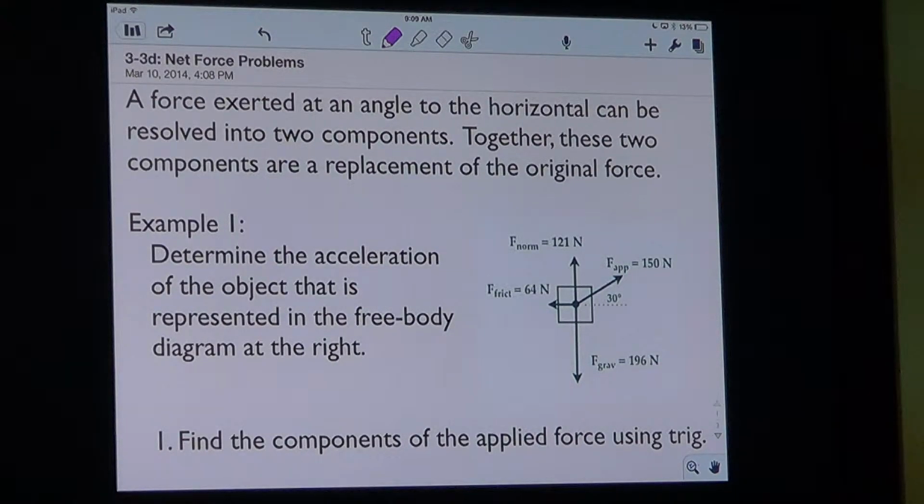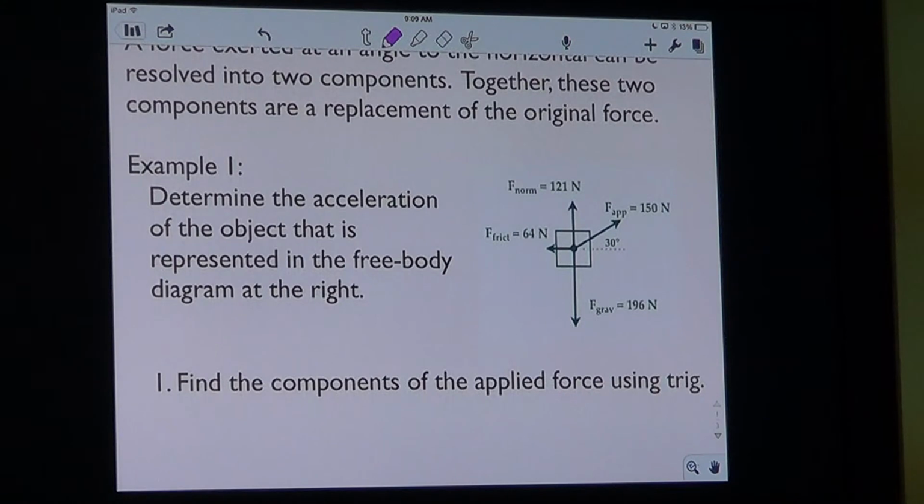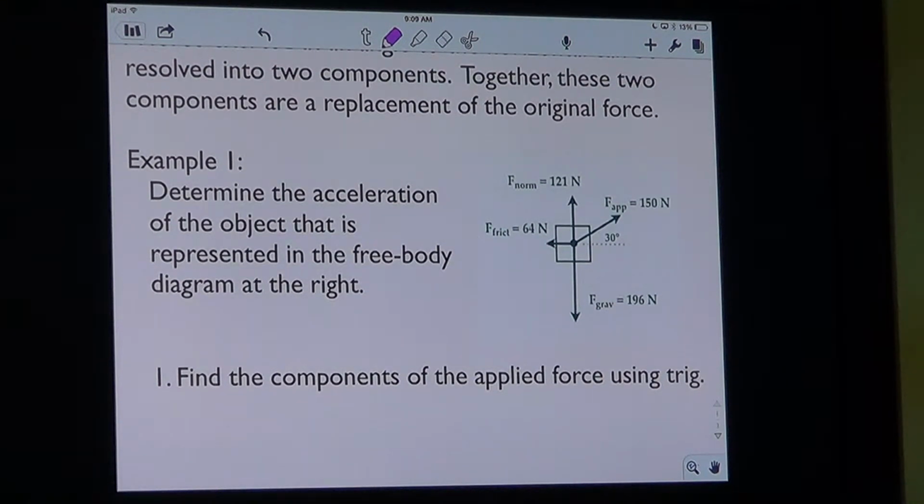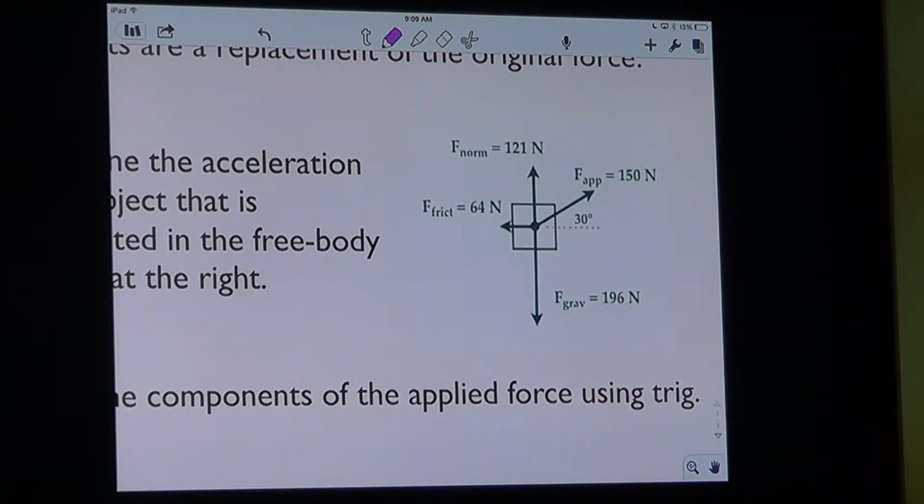Okay, so first example, determine the acceleration of the object that is represented in this free body diagram. The first thing we're gonna do is find the components of the applied force. The applied force is at this angle here. We're going to find the X component and the Y component of the applied force using trig.